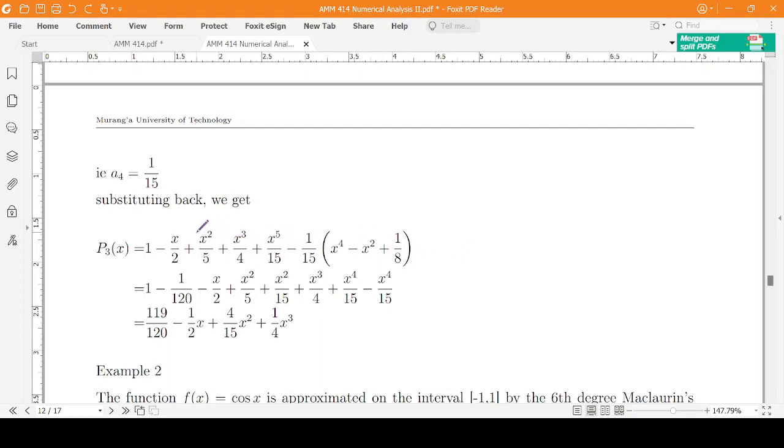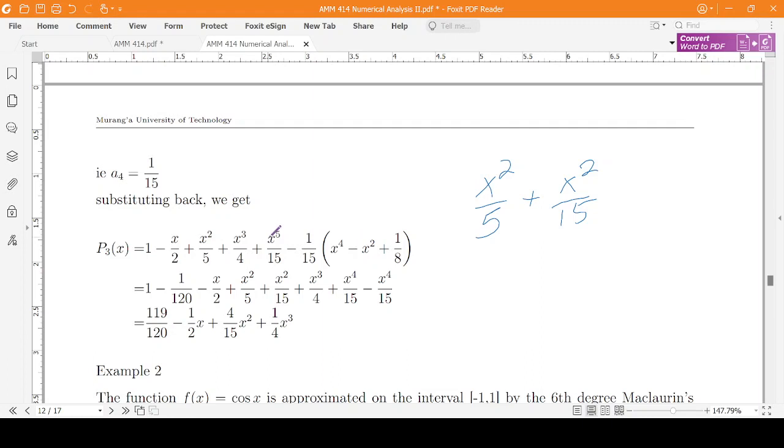But we have x squared over 5, and we have x squared here. The other one will be minus 1 over 15 times minus x squared, which will give us plus x squared over 15.